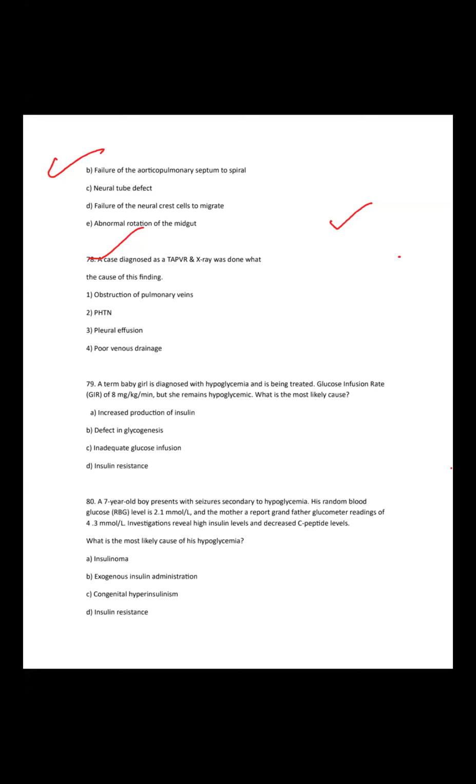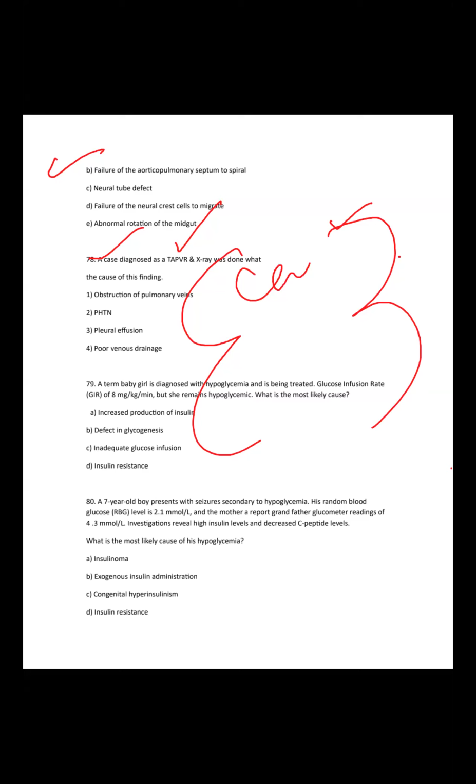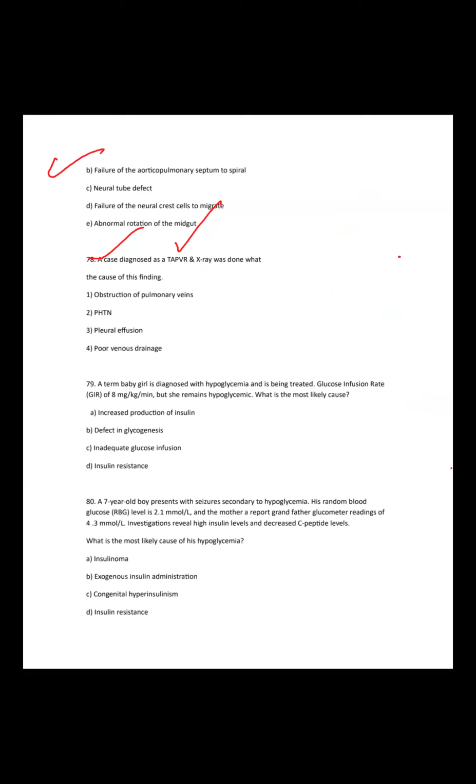How can TAPVR show pulmonary venous obstruction? In TAPVR, a snowman appearance will be there. And in that snowman appearance, the cardiomegaly is due to the overload of blood circulation on your right side. No, it's not pleural effusion, it's not poor venous drainage.